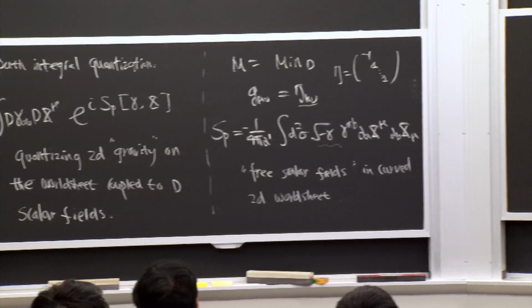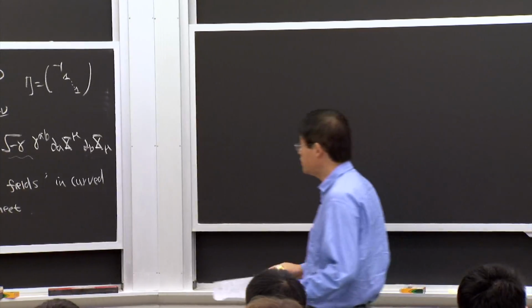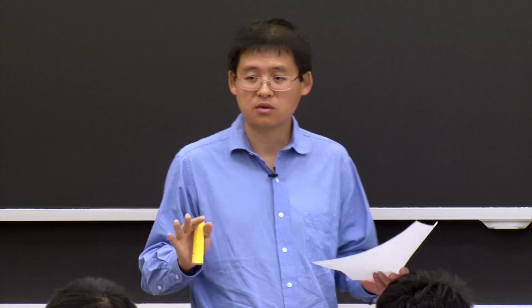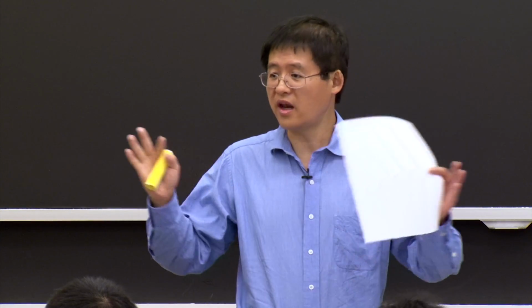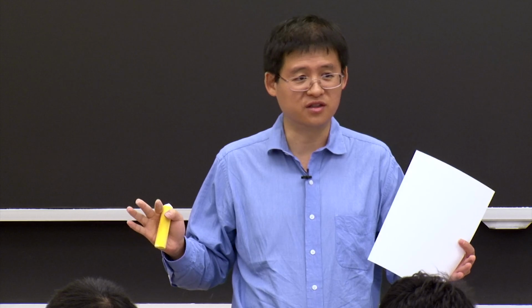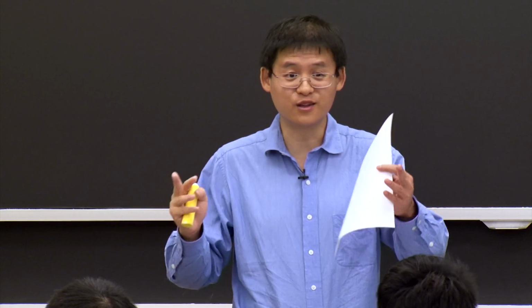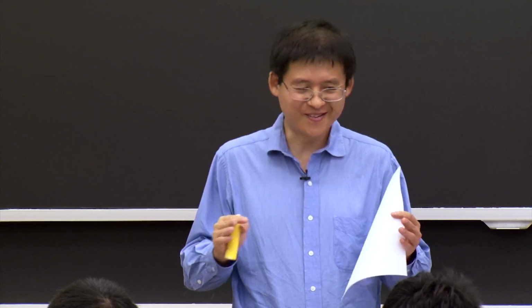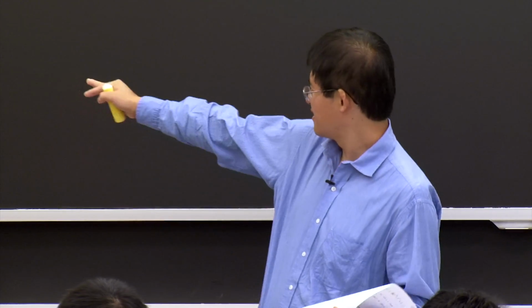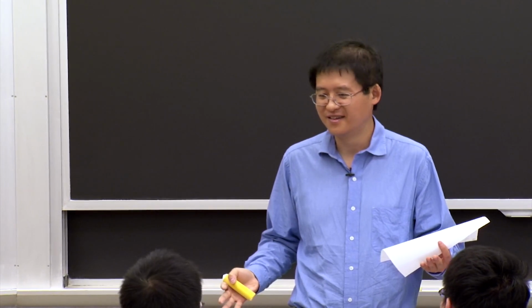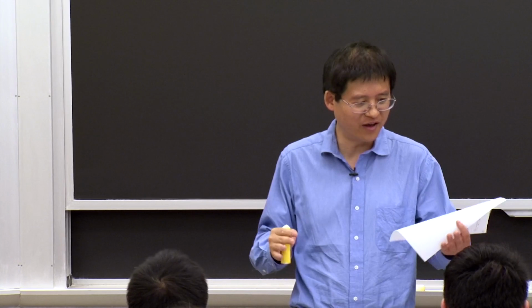Any questions at this point? Okay, so before you work on any theory, what should you do first? After you write down the action or Lagrangian, what should you do? The equation of motion? That's still too far away.